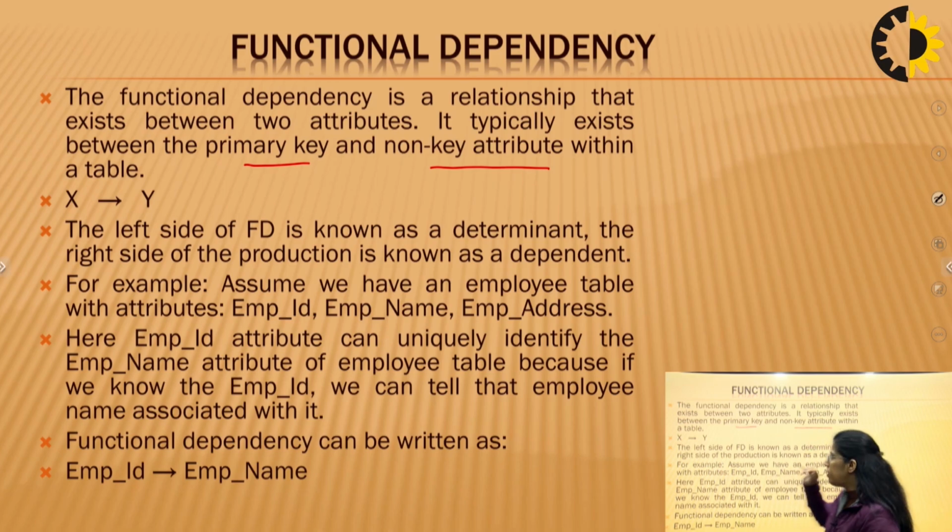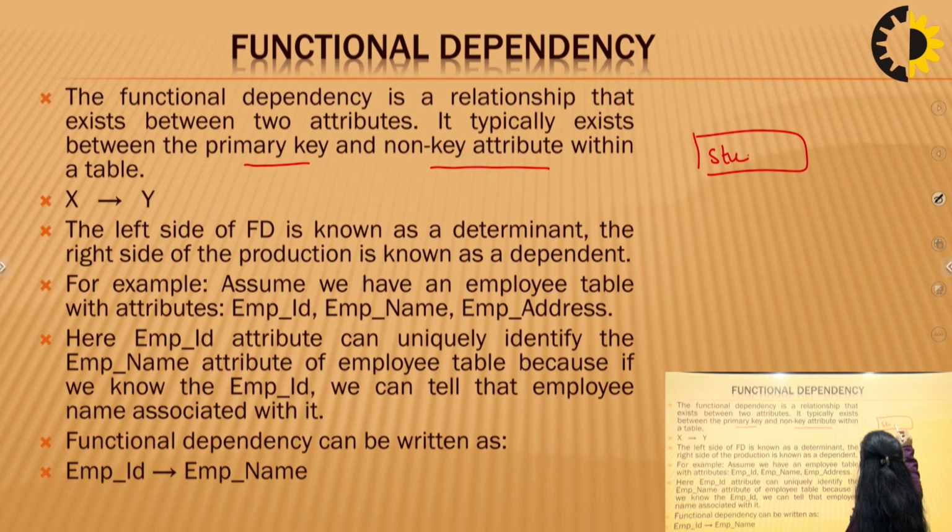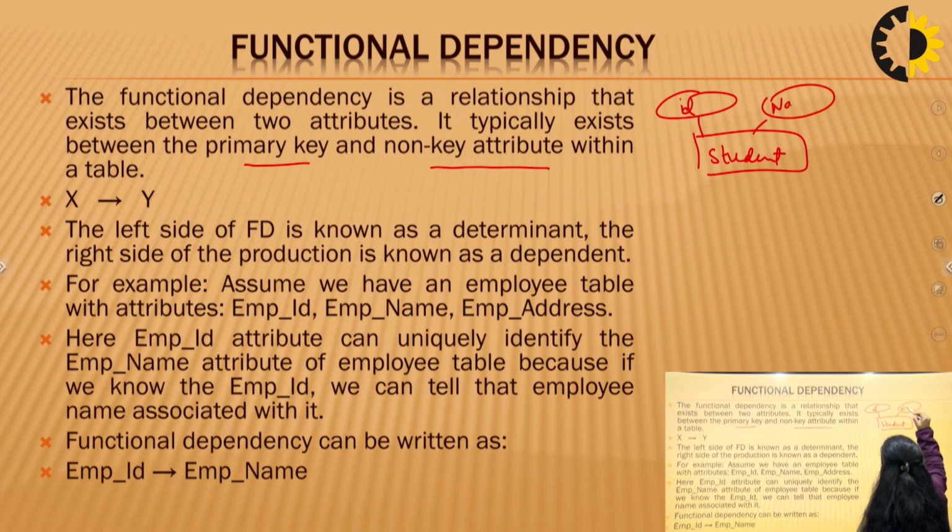What does it mean? It means that if we have a student entity and this entity is represented using one of the attributes, that is ID, which works as the primary key in this particular relation, and some other attribute is name. So if we need to find the name of a particular student, we need to have his or her ID first.